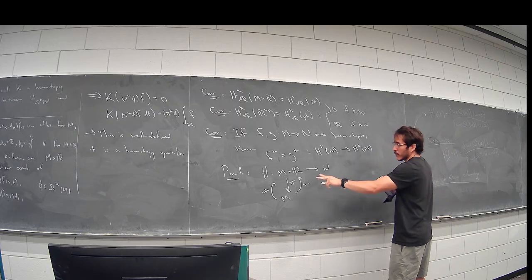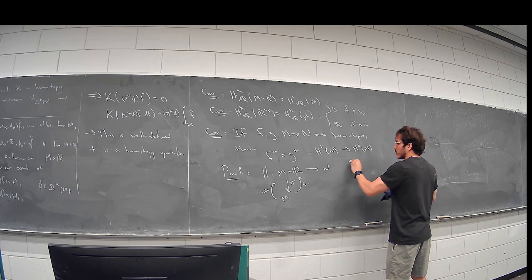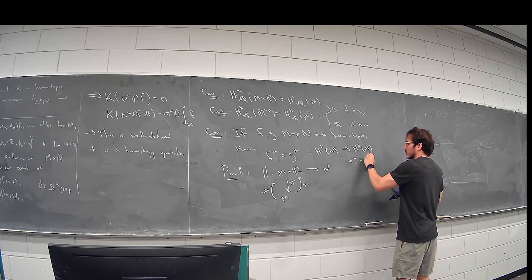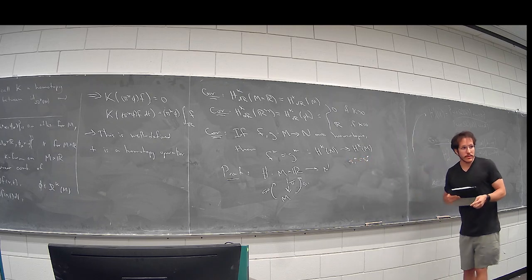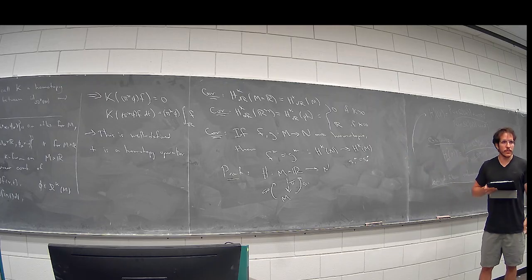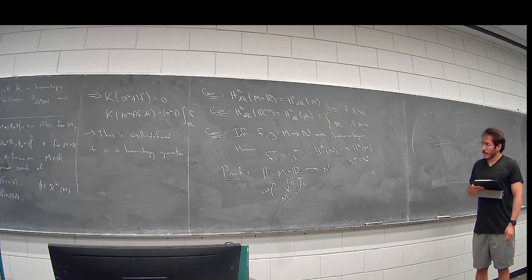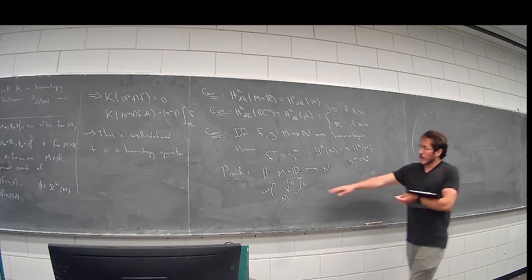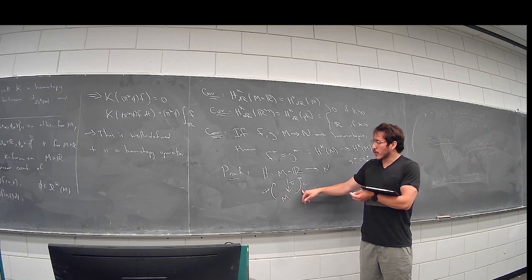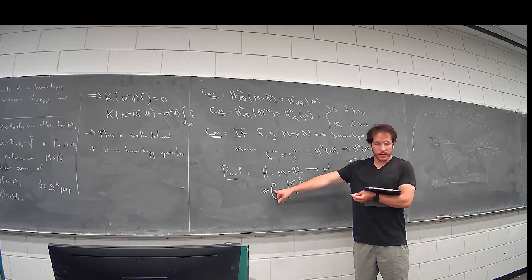Since they're inverses of pi star, and inverses are unique, S1 star is the same as S0 star. So what is the inverse of pi star in cohomology? It's going to be S1 star and S0 star.